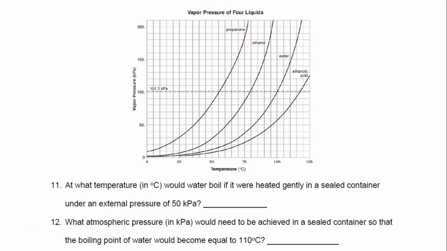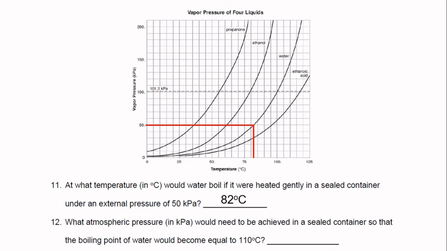So in number 11, if we had a pressure of 50 kilopascals, then the temperature at which water would boil, estimated from the graph, would be somewhere between 80 and 85 degrees Celsius, and I'm going to estimate 82 degrees Celsius from this graph.